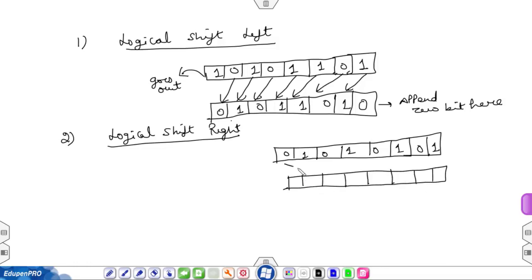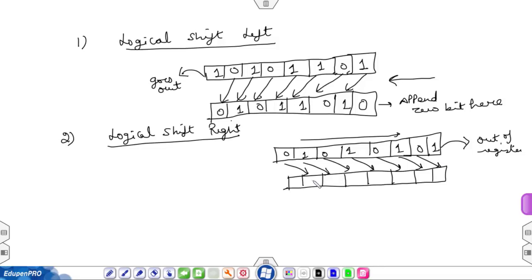So now this bit will be moved to this position. The shifting will be done in the right direction, whereas here the shifting was in the left direction. Now you can see that again this bit will be moved out of the register, so there is a loss of this last bit.